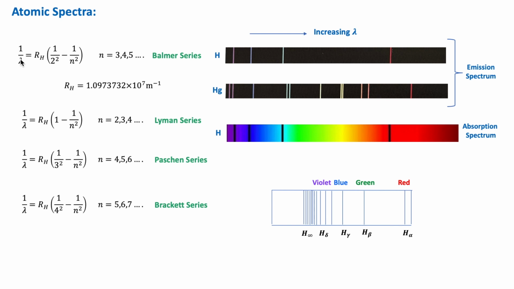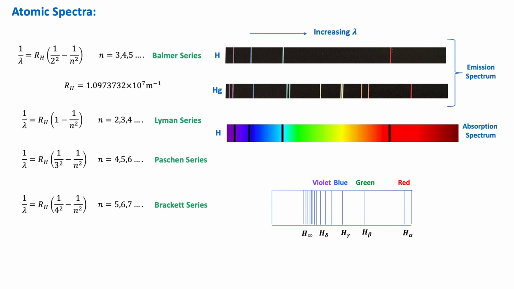If the wavelength here is measured in meters, then the constant is given by this value, okay? So the first line in the Balmer series, at a wavelength of 656.3 nanometer, corresponds to n equal 3, and the second line is n equal 4, and so on.